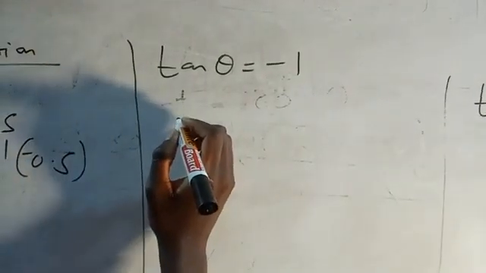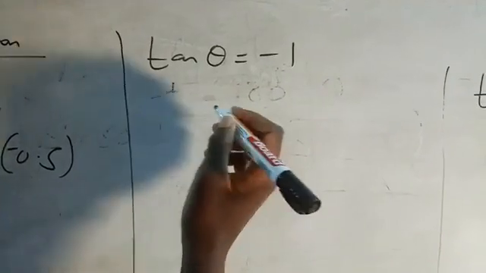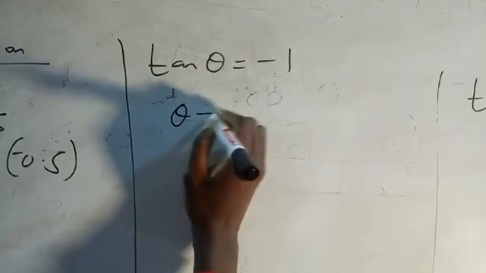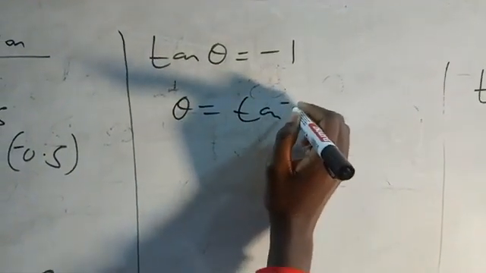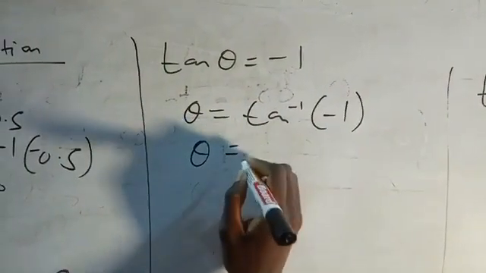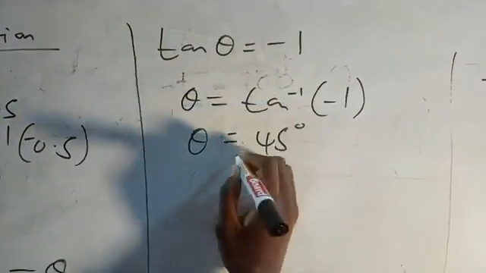Let's find the value of theta. Theta is tan inverse of 1, coming to 45 degrees.